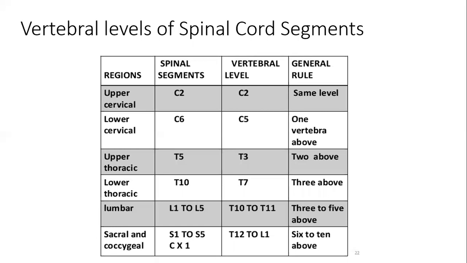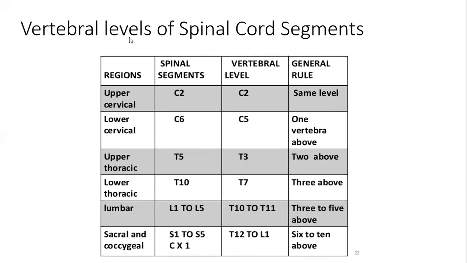How does it exit the vertebral column? Through its corresponding intervertebral foramen. Except at a few levels, especially in the lower segments of the spinal cord, where the nerves are forming the cauda equina, they have to go down obliquely in order to exit through their intervertebral foramina.